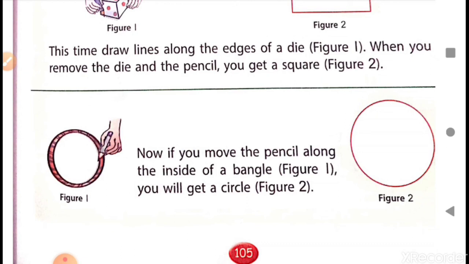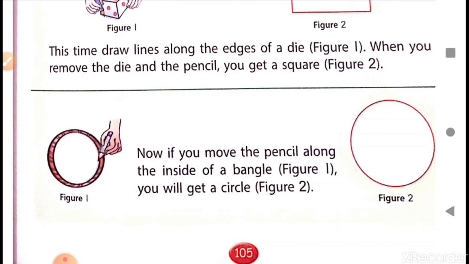Similarly, you can make a triangle. You can take a slice of bread, cut it diagonally from the center, you will get a triangle. Put it on a paper and move your pencil alongside the edges, and when you remove the bread slice, you will get a triangle shape.